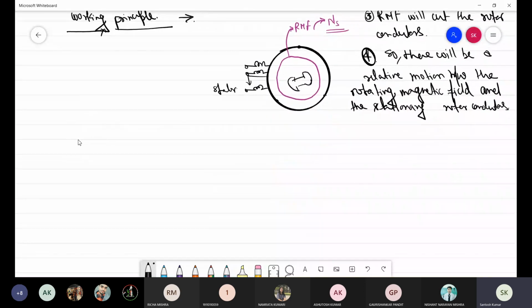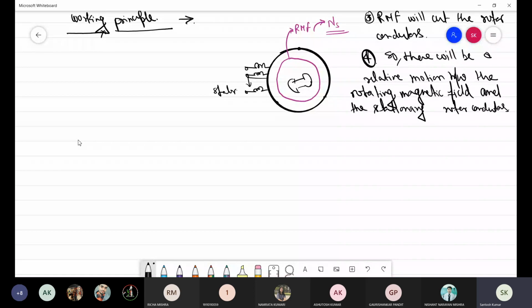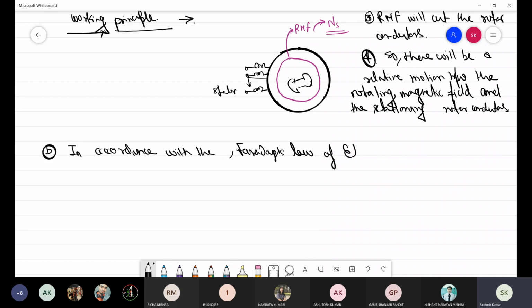If there is any kind of relative motion between the conductor and the magnetic field, so what will happen? So EMF will be produced in accordance with the Faraday's law of electromagnetic induction. किसने दिया था? फैराडे ने दिया था.